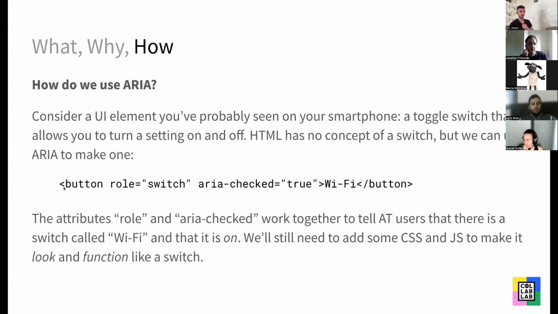So for example, you can use a button, and the button will have this attribute role for switch. So you are telling the people who are using screen readers that this is a switch. And also you can use aria-checked to indicate if the switch or the toggle is on or off.